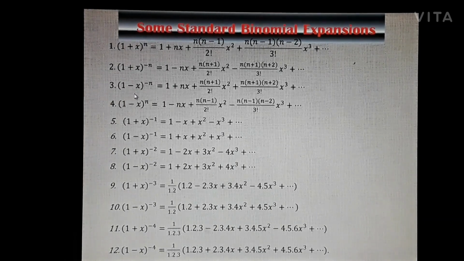If both are in different signs, for example expansion 2, here plus x minus n, here minus x plus n, in these cases we get alternating positive and negative terms, first term positive, then negative, in that way. So we can easily remember by these concepts.